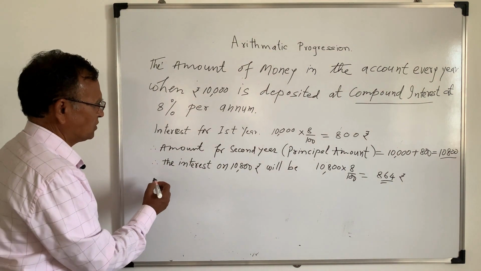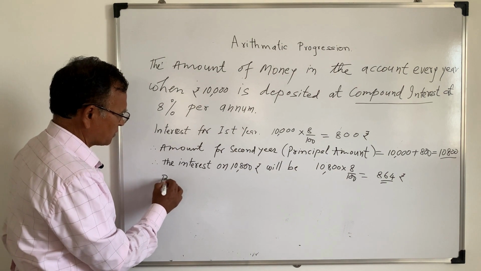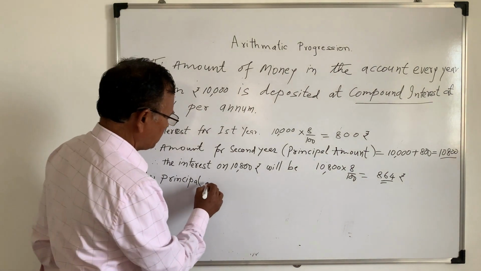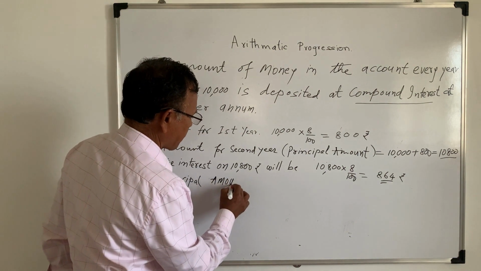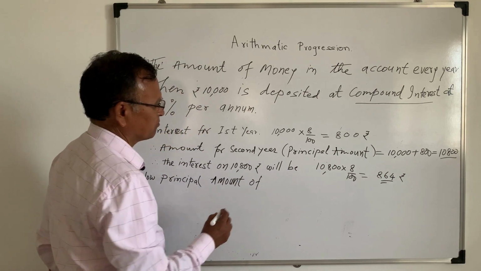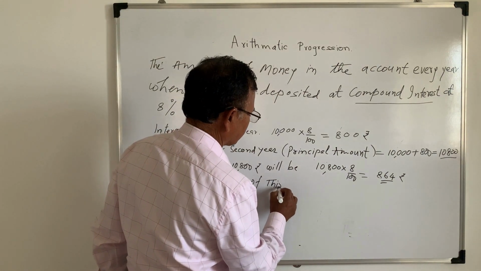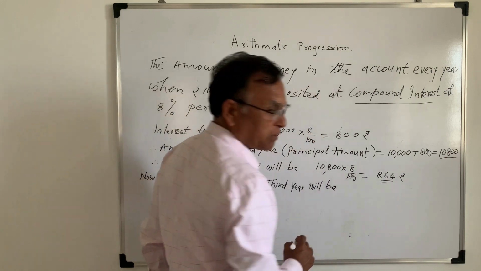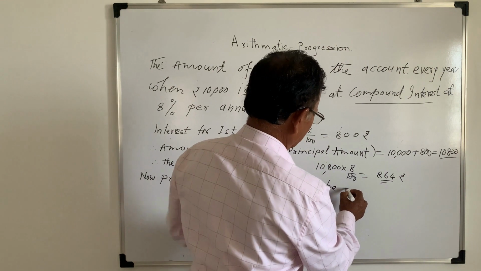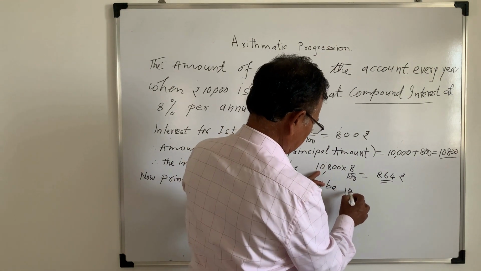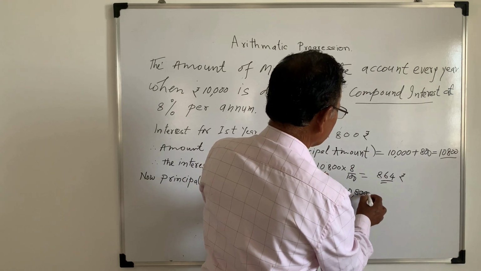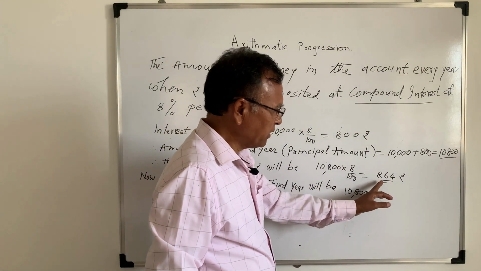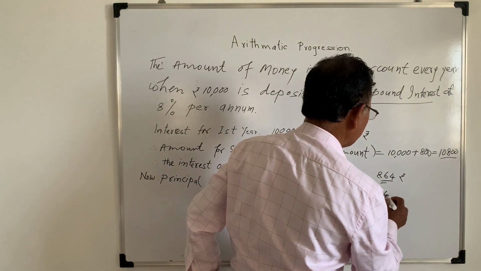Now, the principal amount for the third year will be 10,800 for the second year, and again you have to add this increment, 864.